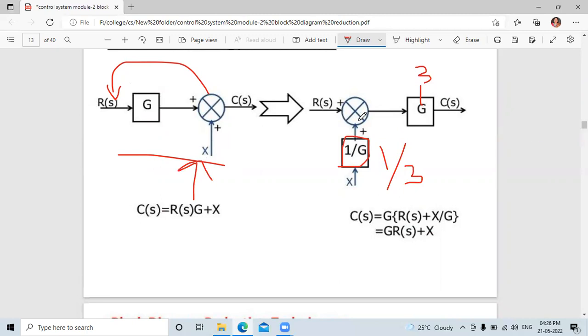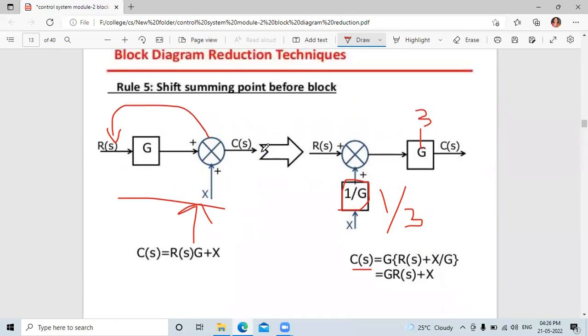And here, C of S equals, if we shift also, we need to get the same equation. So in order to get the same equation, what do we need to multiply here?